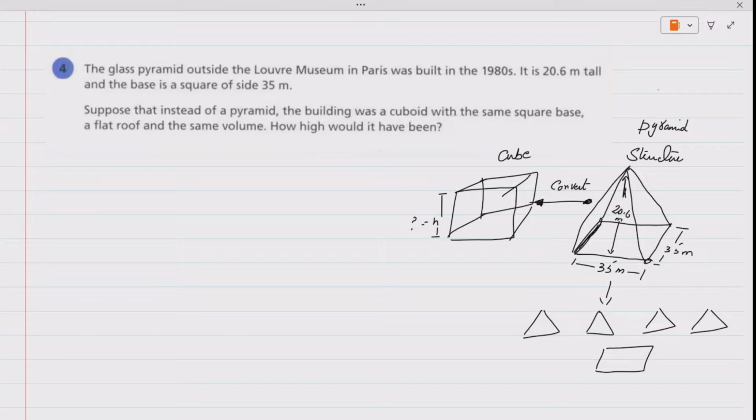So we have to find this height, and for this, first of all, we have to find the volume of this pyramid, because the only thing that helps us in this situation is that they are saying the volume is the same.